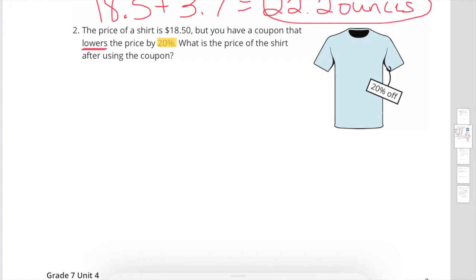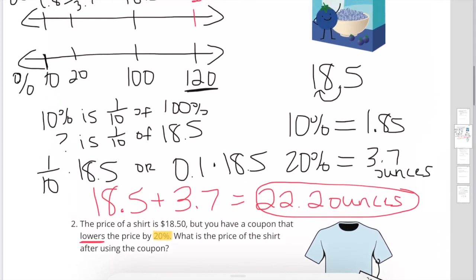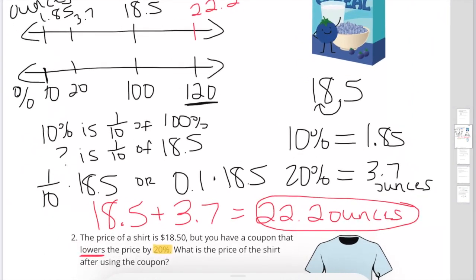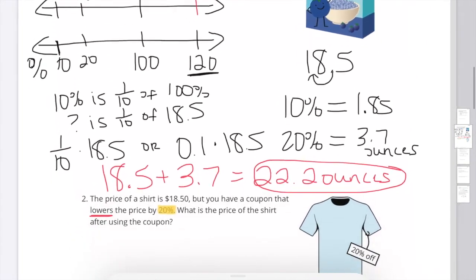So it's 20% less now, not 20% more. We're trying to figure out what the price of the shirt is after using a 20% off coupon. So it's $18.50, which is related to the 18.5 up here.